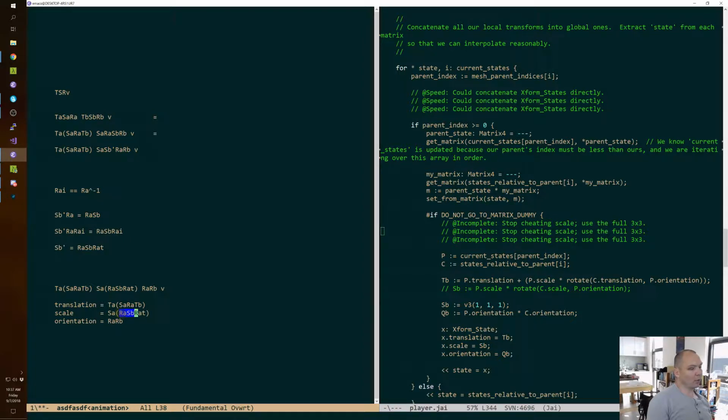The rotation here, RA, is a quaternion right now. That's how we represent it. So this could be like a quaternion vector multiply. And then we have to right multiply that.